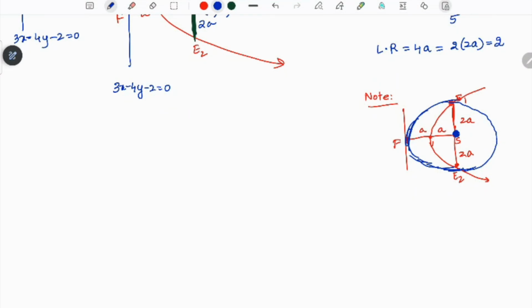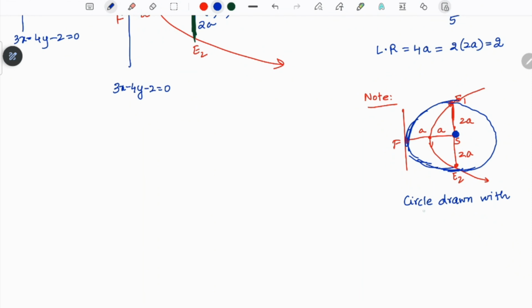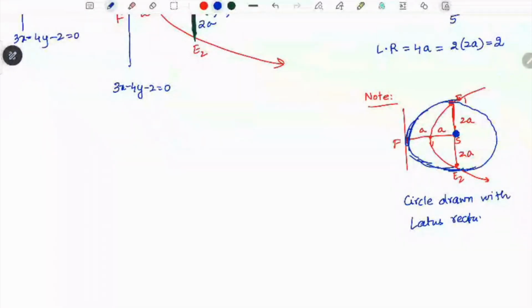So this idea we should get definitely, because with 2A, some interesting thing we are observing. That means what? A circle drawn with the latus rectum as diameter, or focus as center, touches what?